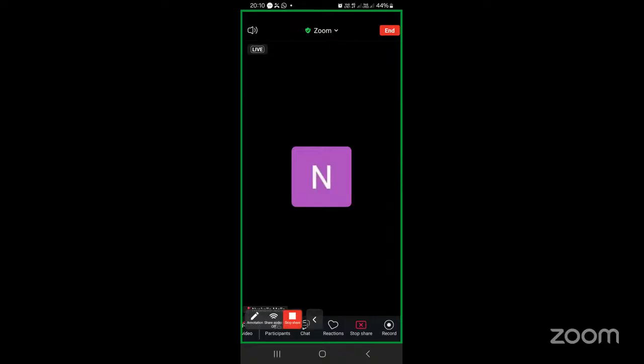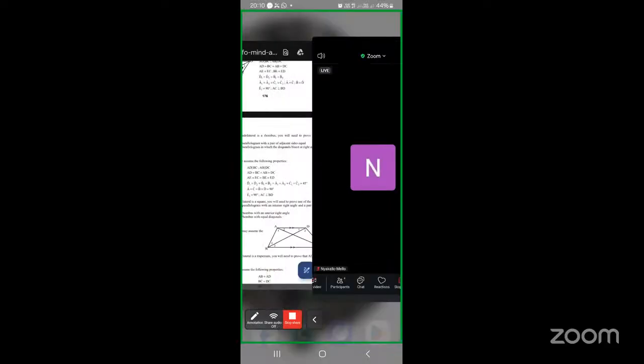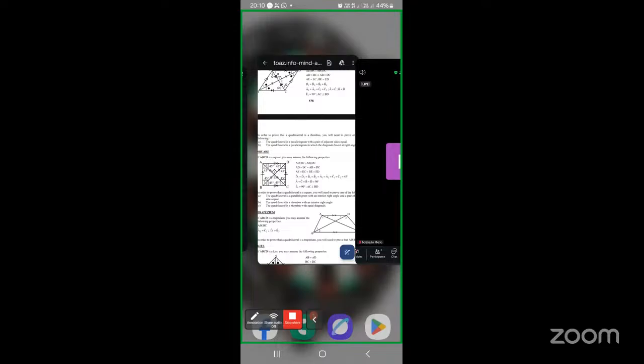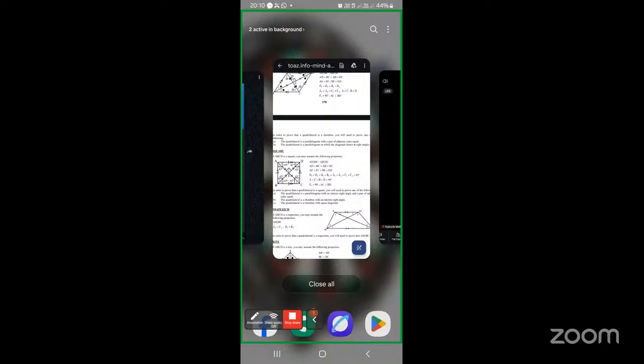Oh, I just don't know what's happening, but this starts to bore me. Are you guys fine with the rhombus?